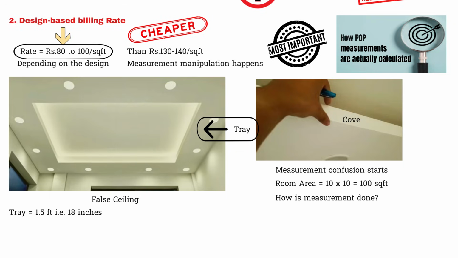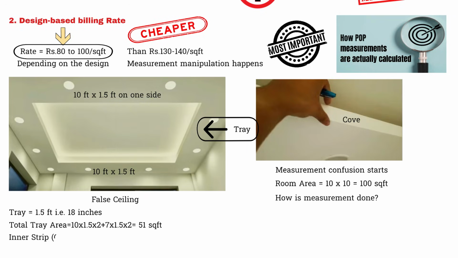So calculation becomes 10 feet into 1.5 feet on one side and the same on the opposite side. Total tray area is equal to 10 into 1.5 into 2 plus 7 into 1.5 into 2 is equal to 51 square feet.